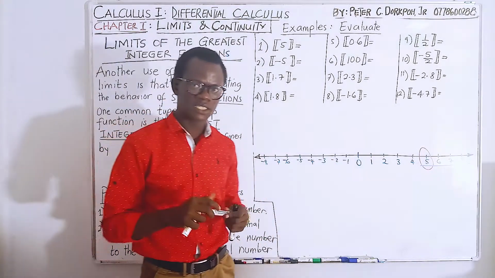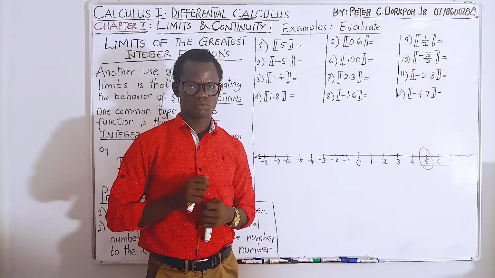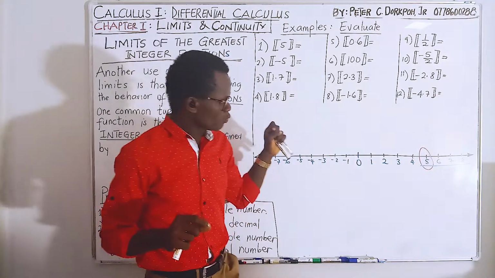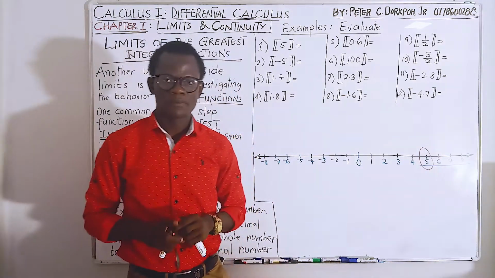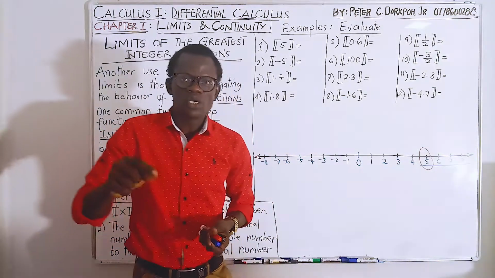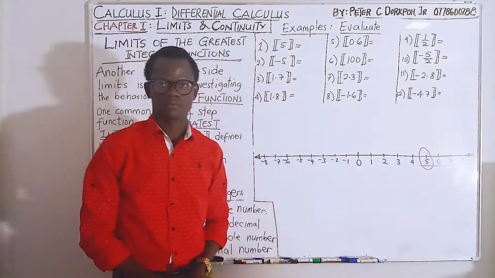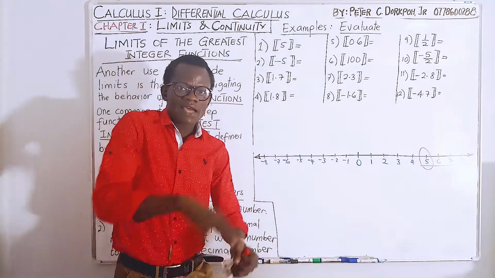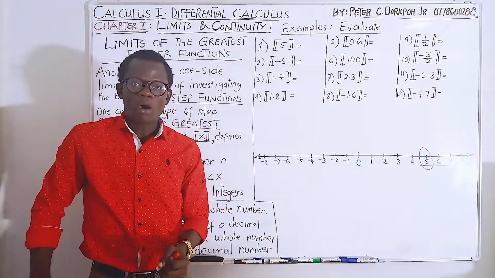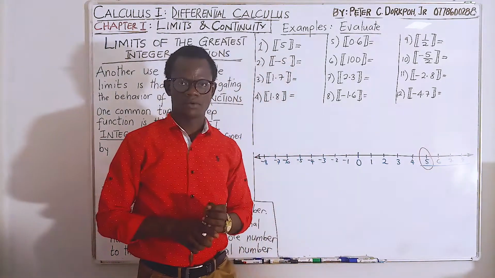Mind you, this is a very important note. When you are finding the greatest integer of a particular number, that greatest integer should not be more than the number itself. It should be an integer that is either less than the number or equal to the number.